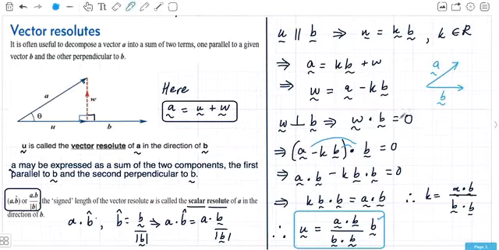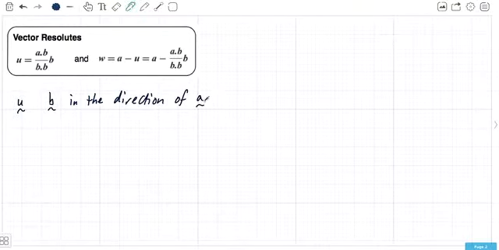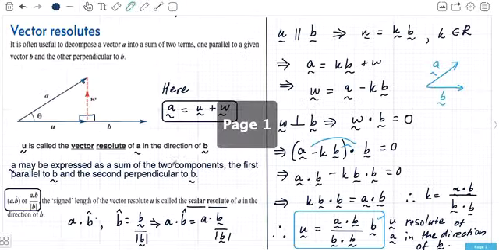So B in the direction of A, and I should write here so that we have it. So this is U, which is the resolute of A in the direction of B. If I wanted the vector U to be B in the direction of A, so opposite to what we had, it's going to be just the same form.